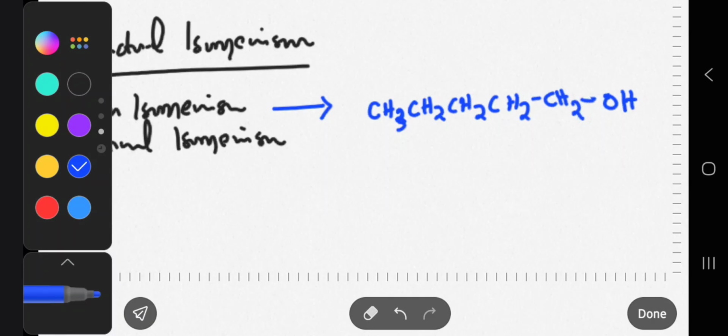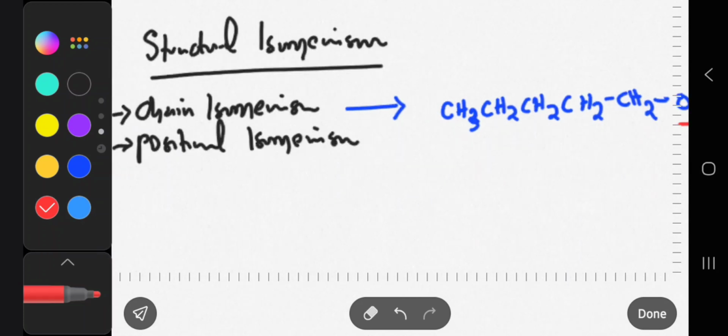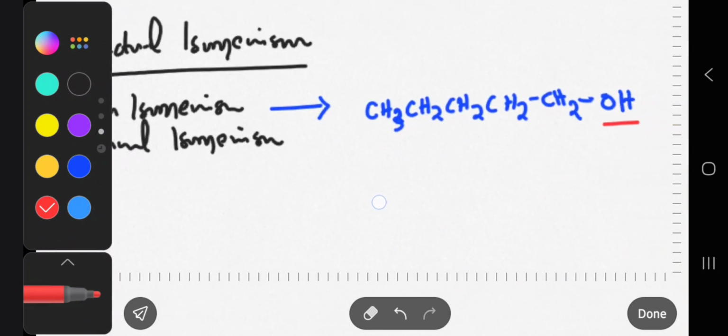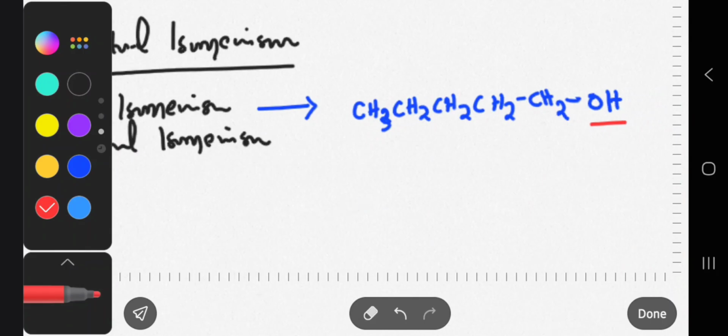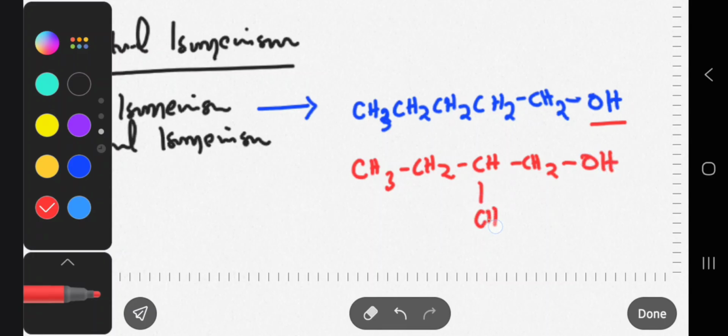So this is pentanol, right? Can you see the position of the OH? Now note this position, because chain isomerism states that the functional group has to be in the same position for the isomers. Now let's look at this other structure, CH3, CH2, let's say CH, right? Then we have CH2, let's say this is OH, and then over here we have CH3.